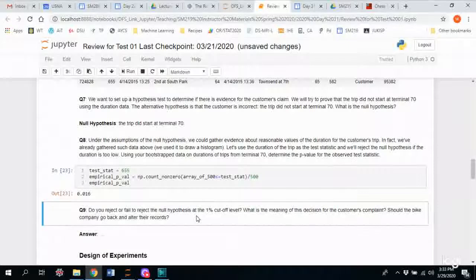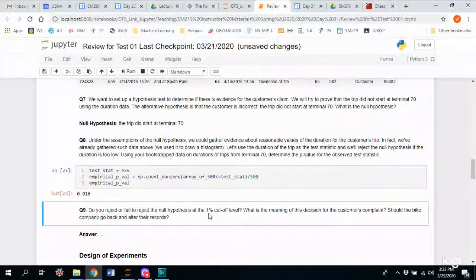All right, think about that for a moment, and then I'll give you the answer. We always have to compare the empirical p-value against the cutoff level. And when the empirical p-value is lower than the cutoff level, that means that the data is so extreme that we should reject the null hypothesis in favor of the alternative hypothesis. And here at 1.6%, it's not below the 1% cutoff level.